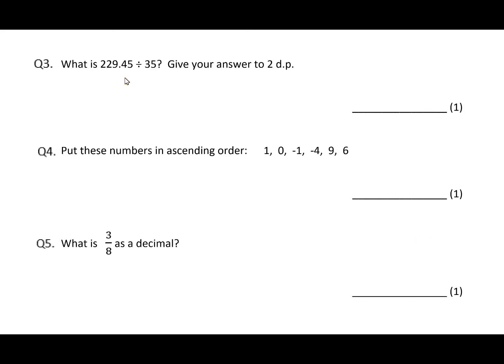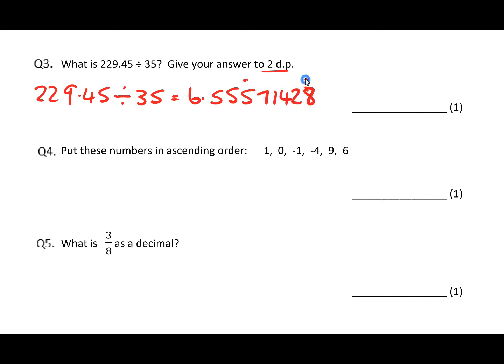Question 3. What is 229.45 divided by 35? And give your answer accurate to 2 decimal places. Well, let's stick that exactly as it is into our calculator. And I get 6.555 with a recurring 71428 with a recurring.